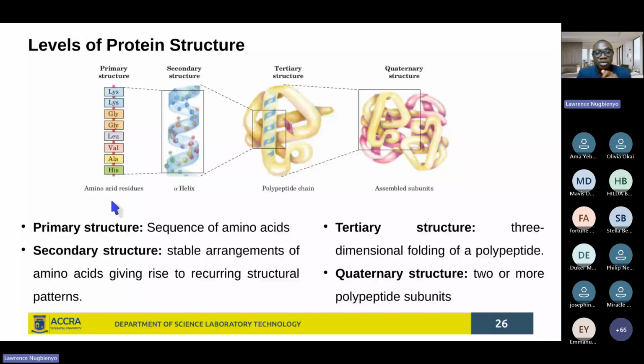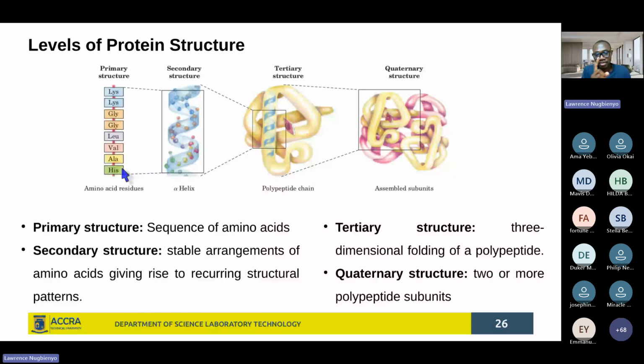So, for instance, when you are referring to the structure of a peptide, what you see on the screen, from the top, you see lysine is bonded to another lysine, bonded to glycine, which is bonded to another glycine, and that is bonded to leucine, and that is bonded to valine, and valine is bonded to alanine, and alanine is bonded to histidine.